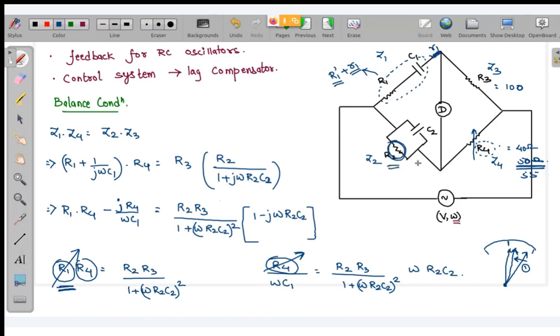I don't need to calculate anything further. I know the value of R2, so if I just set the value of R1 equal to this, then my bridge will be automatically balanced. Tell me, is this clear? Now is it clear?